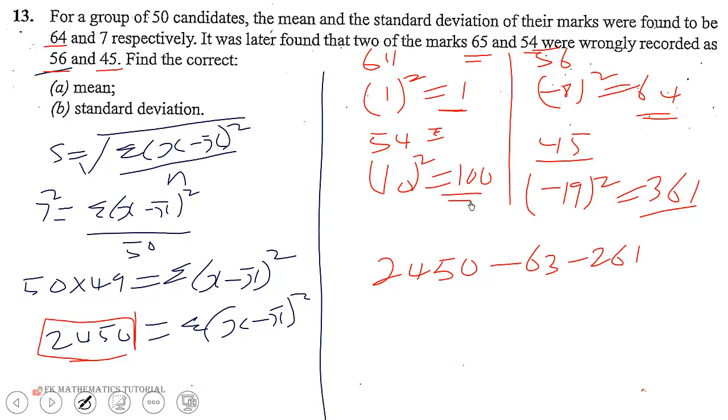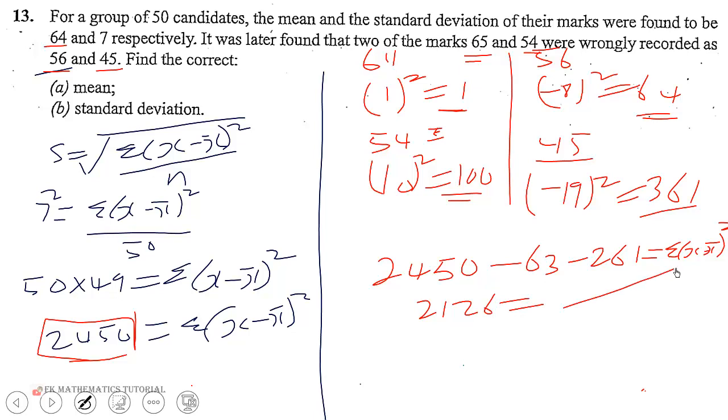So this will give you the correct summation of the squares of the deviations from the mean. So when you subtract, 2450 minus 63 minus 261, you get 2126.